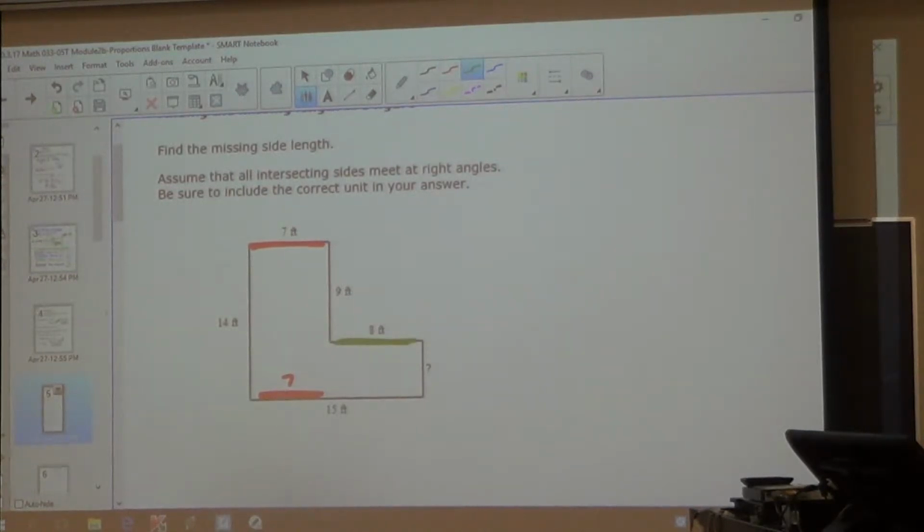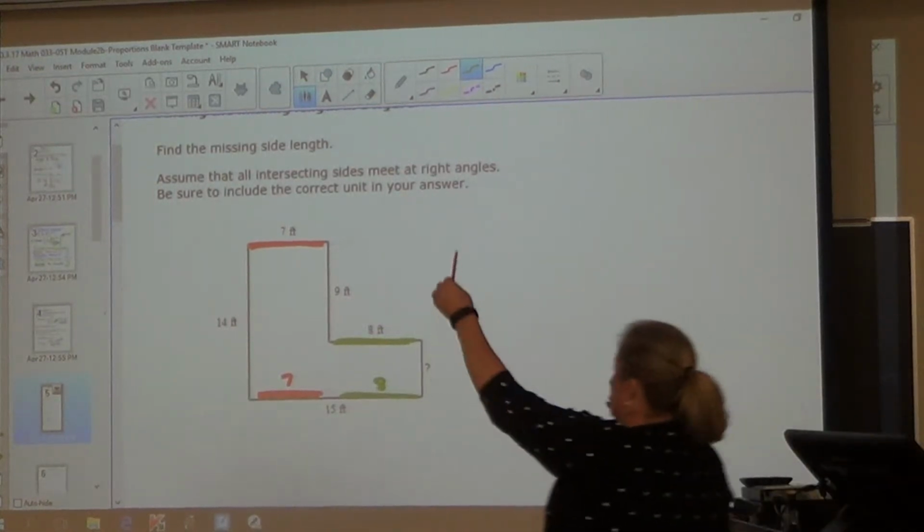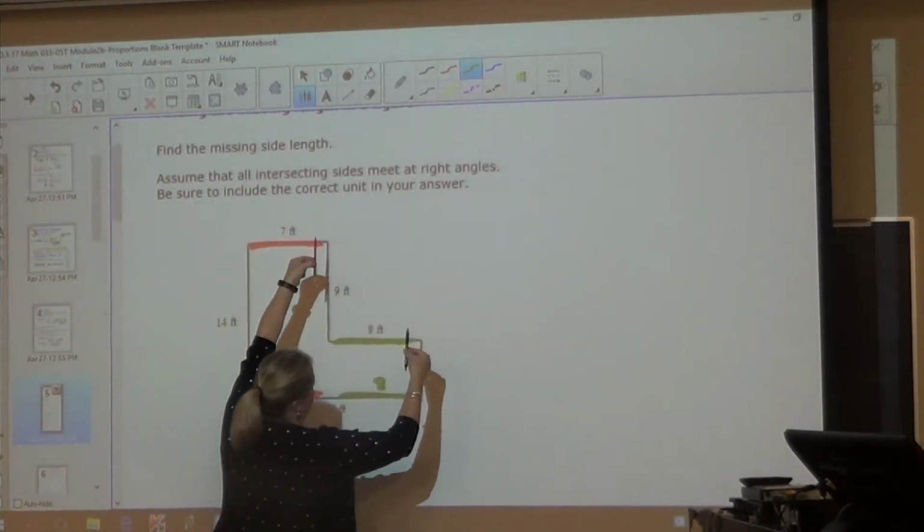And this piece, if it failed, would be 8. So the two baby flat pieces equal the big flat piece. Do y'all see that? The two baby flats equal the big flat.